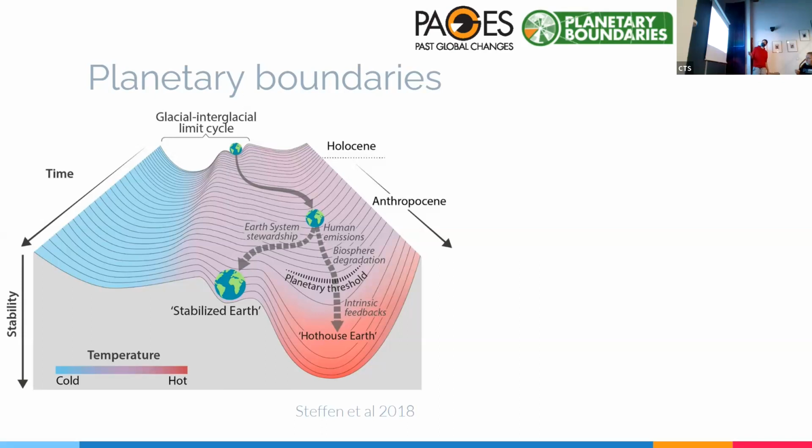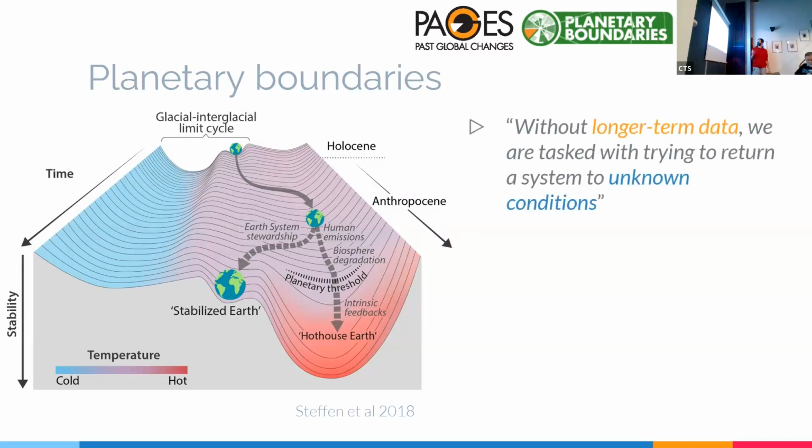So we know that the Earth was going between glacial and interglacial cycles, and then at some states, which we are here, it seems that it's going to this hothouse Earth, where it will be very hot, very unstable, etc. So what we as humans want to do is stewardship, to steer it a little bit to what's called stabilized Earth. It's not going to be perfect, but hopefully it's going to be better.